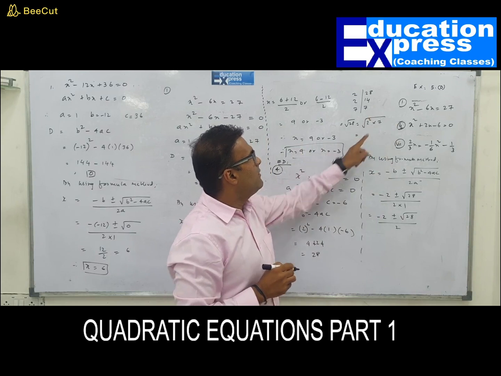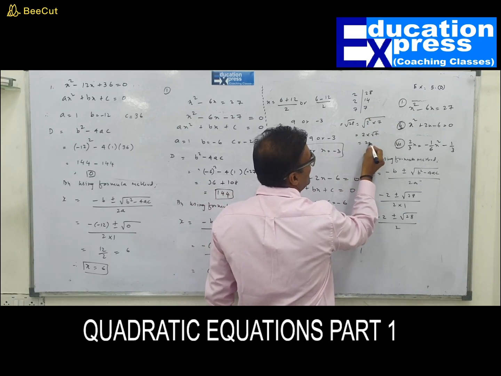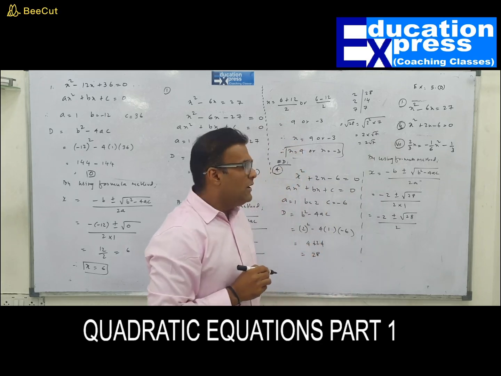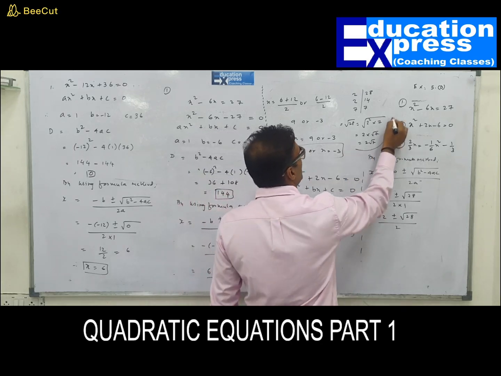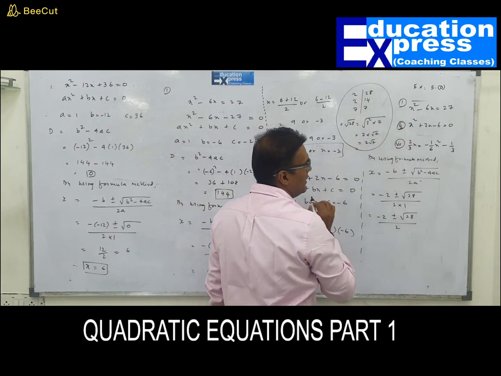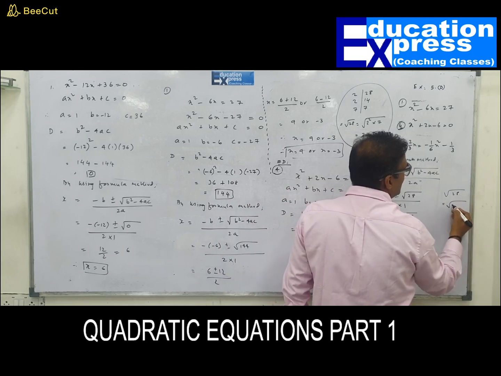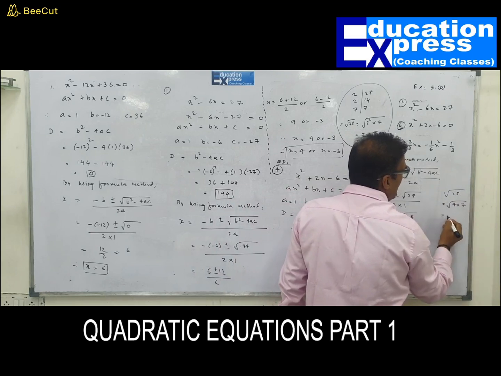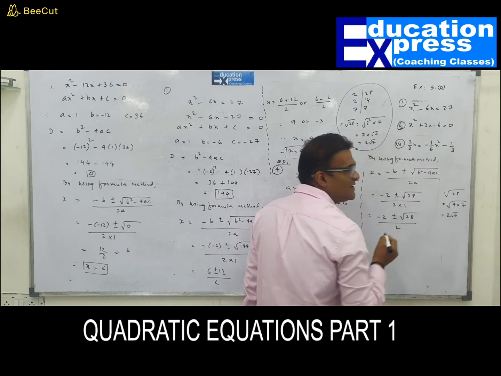Because this is a square number, it will be liberated out, and what you get is 2 root 7. In case you can do it mentally, there is no need for you to undergo this working. You can simply say root of 28 can be written as root of 4 into 7. As we know, square root of 4 is 2, so it will be 2 root 7.